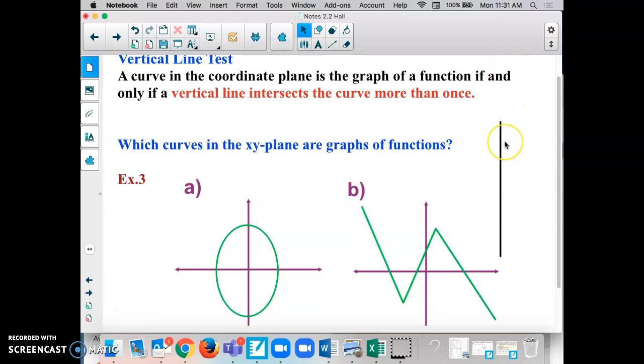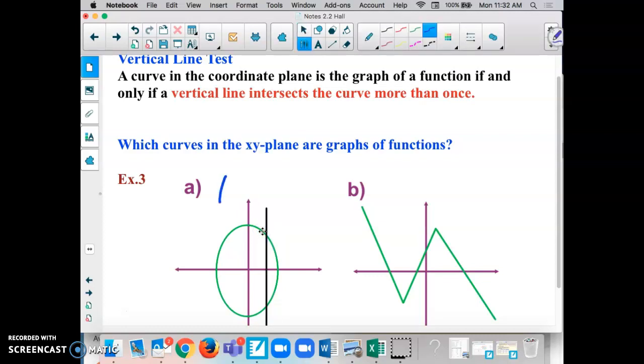So if I take this vertical line, I'm going to check example 3a. As you notice, I have this ellipse, if you want to call it. You can see I crossed the graph at more than one place in the coordinate plane. So therefore, a is not a function.